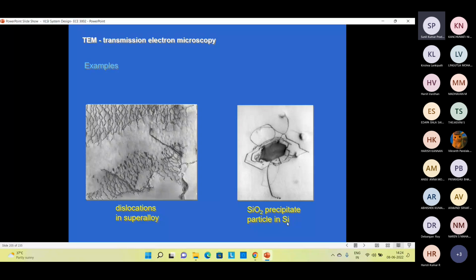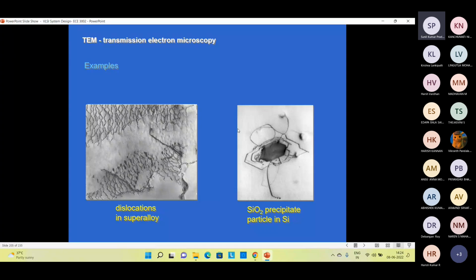If we have dislocations in an alloy structure, we can see them clearly in the electron microscope. So this is a very nice way, and this is the advantage of using this electron microscopy tool to examine our objects and to characterize them in that regard.